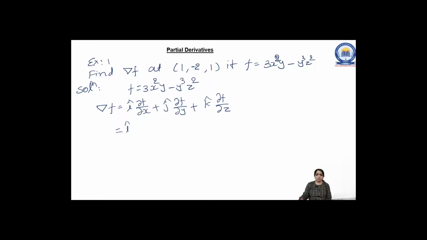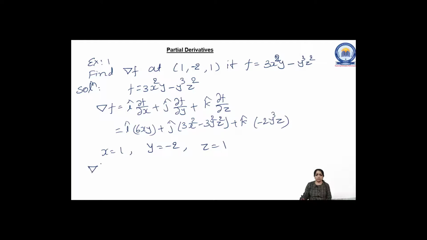The derivative of f with respect to x is 6xy, the derivative of f with respect to y is 3x² minus 3y²z², and the derivative of f with respect to z is minus 2y³z. We want to find the gradient of f at the point (1, -2, 1). It means we have to replace x by 1, y by -2 and z by 1.